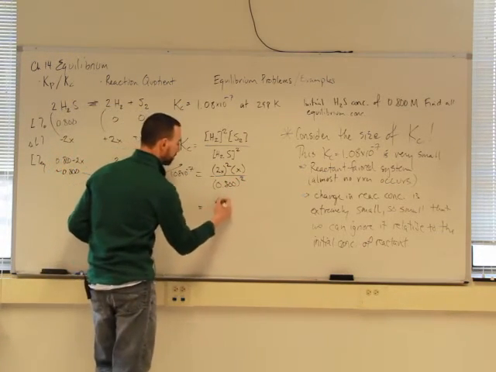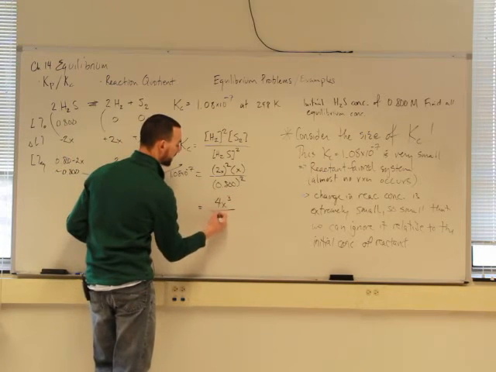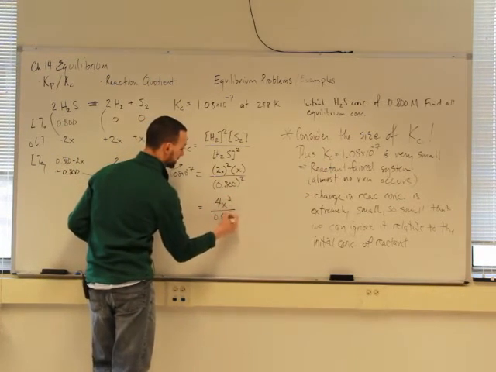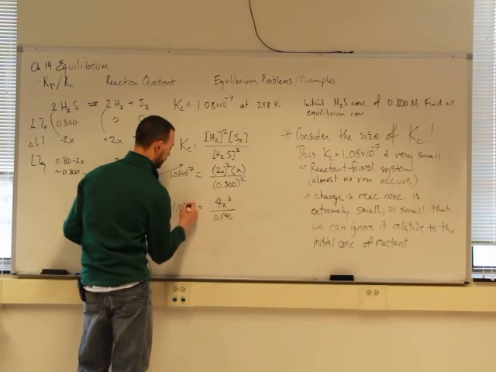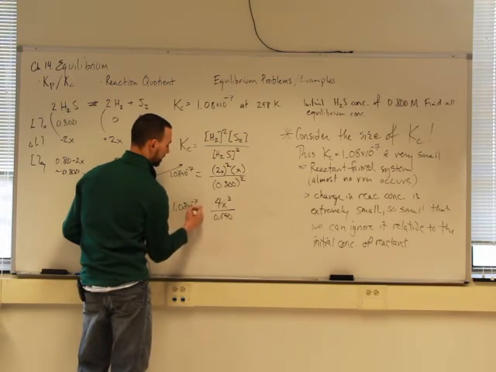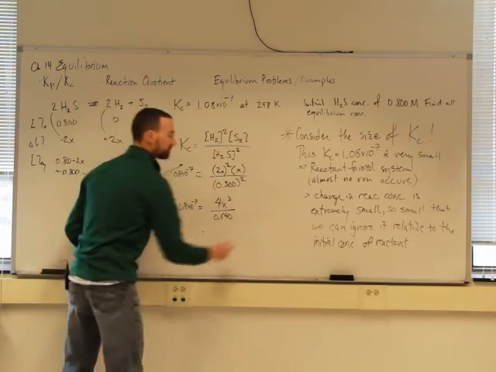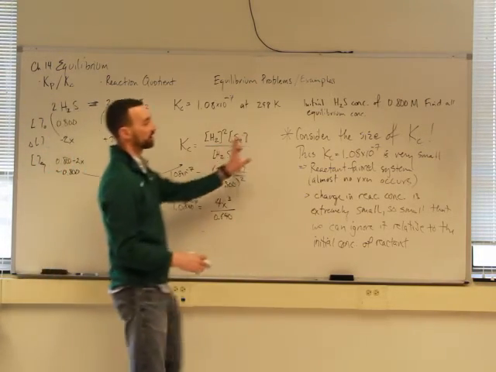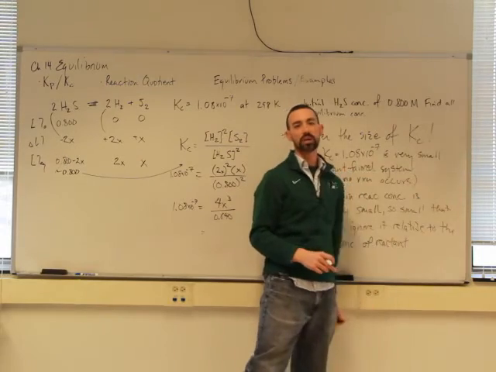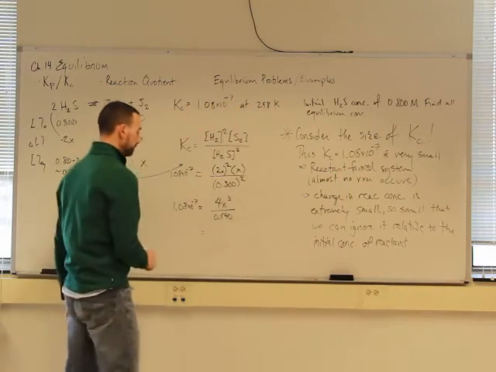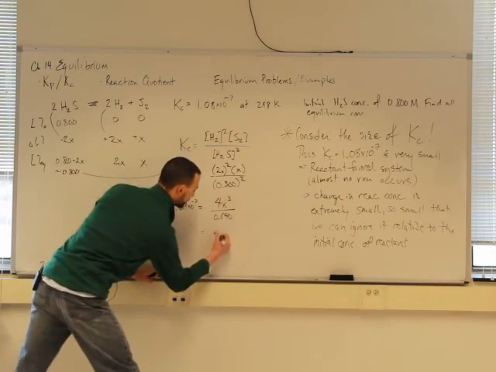This becomes a much more manageable 4x cubed over 0.64 equals 1.08 times 10 to the minus 7. Those middle terms that made life really hard in the equation that I had written up here a moment ago, they're gone. All right? And this is a lot easier to solve.